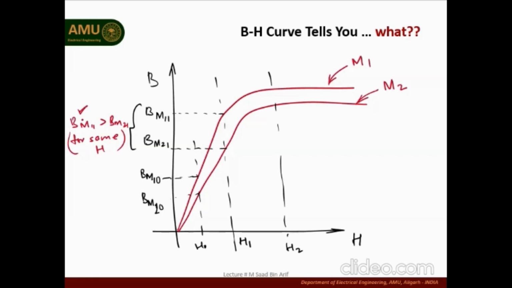The dipoles of material 1 align themselves fast. It means the losses in this material will be low. So this is the characteristic of two different materials.